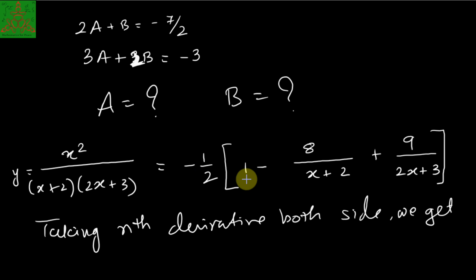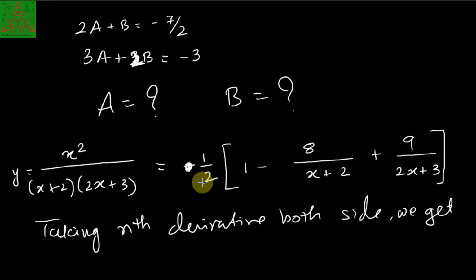As you can see, the first derivative is 0, the next term is also 0. So this minus, sorry, here it should not be minus, it is a plus sign here. I wrote this minus by mistake, so please make the correction.